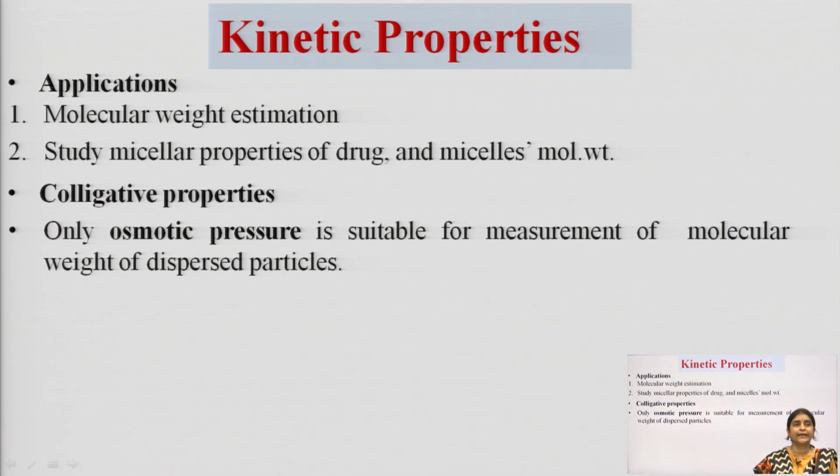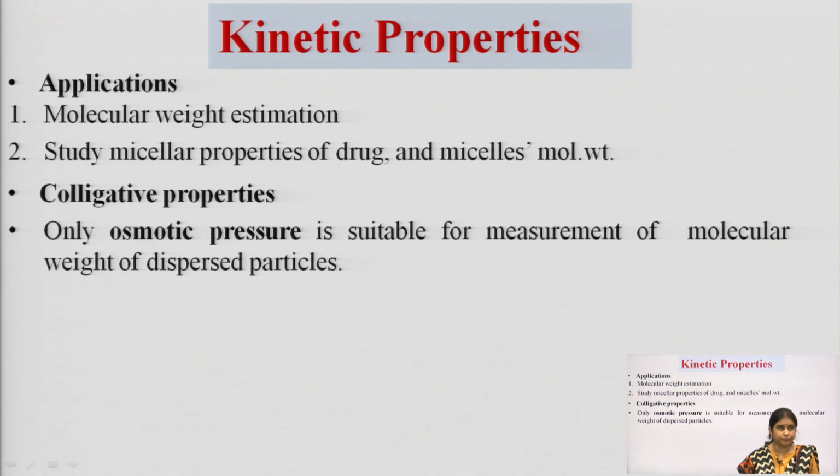Then comes colligative property. As we have already studied, colligative properties are the properties which depend on the number of particles present in a system. Here, mainly osmotic pressure is suitable to measure the molecular weight of dispersed particles.